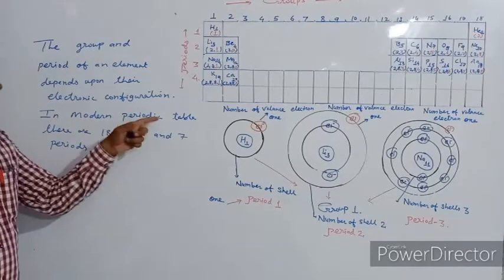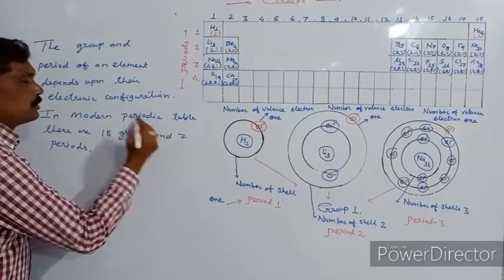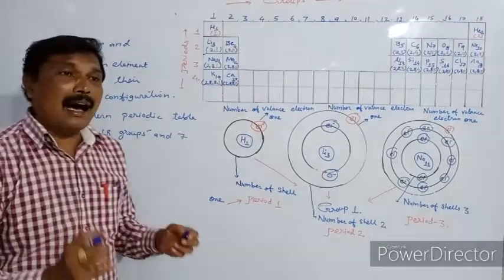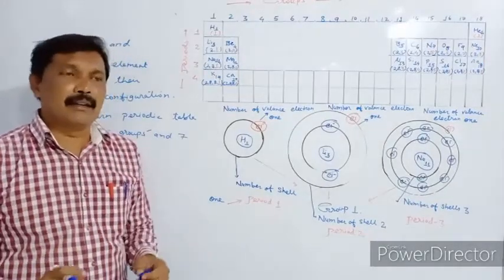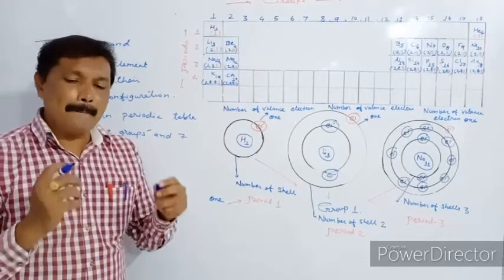In the modern periodic table, there are 18 groups and 7 periods. But what are these groups and periods? Let's have some brainstorming upon groups and periods.